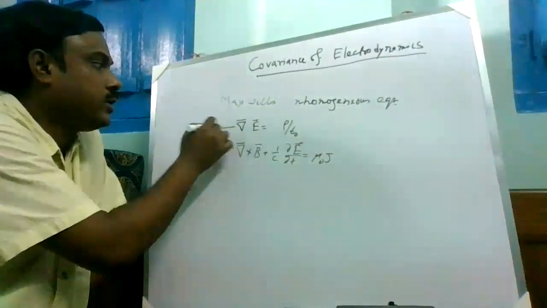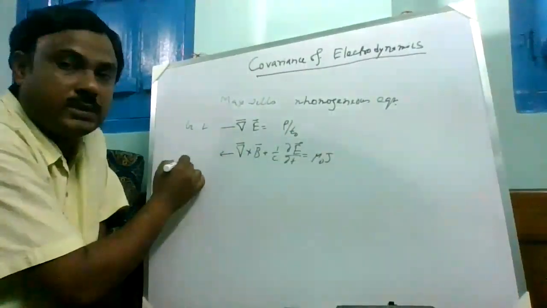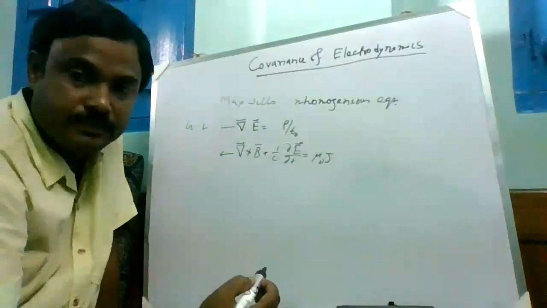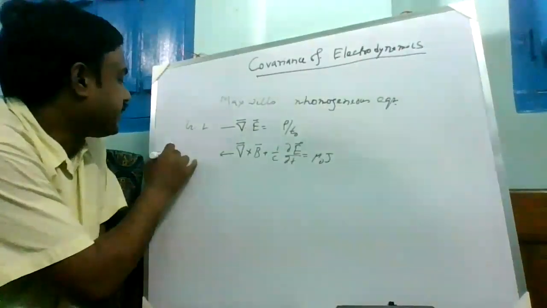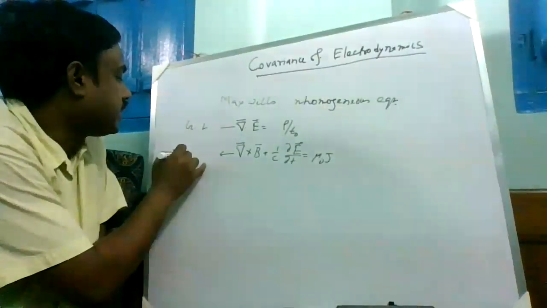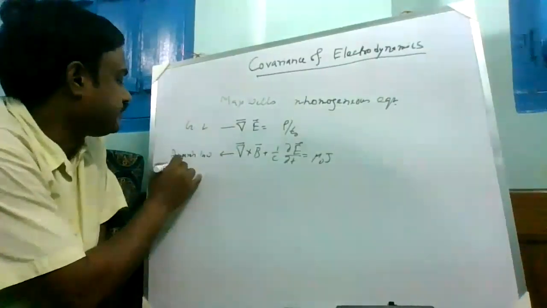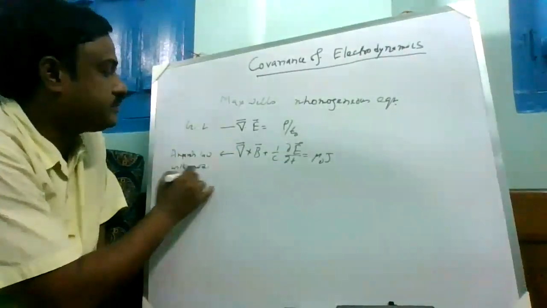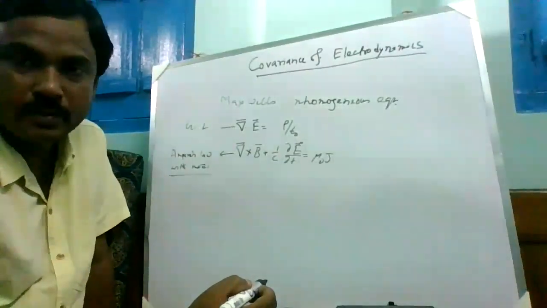This is Gauss's law, and this is Ampere's circuital law with the modification of the Maxwell term, the displacement current. So these are the 2 equations.